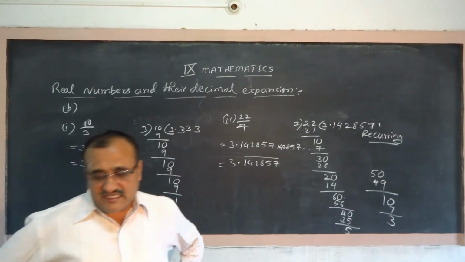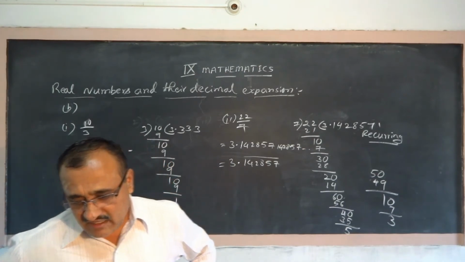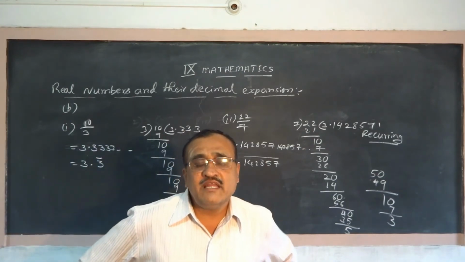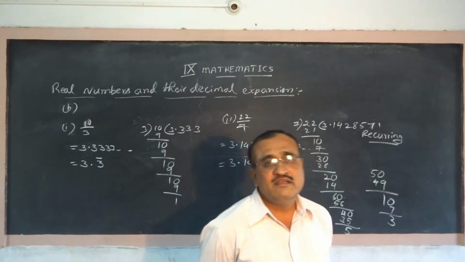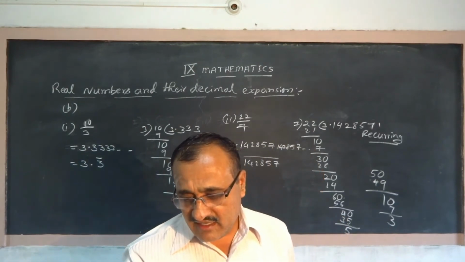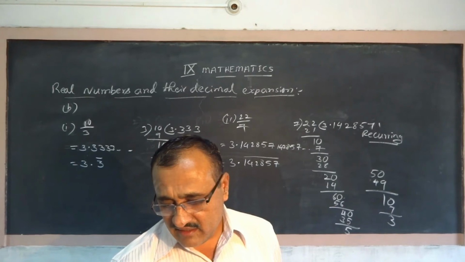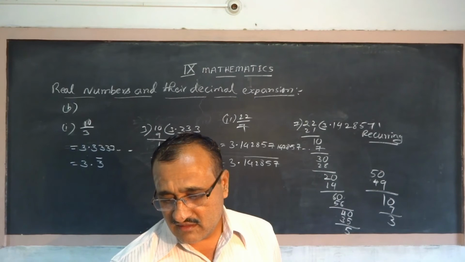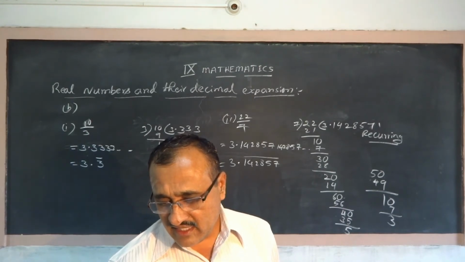Full stop. This type of decimal expansion is called non-terminating recurring decimals.